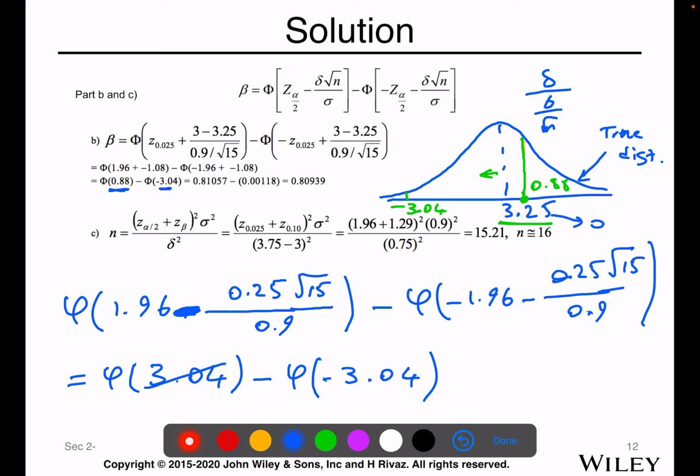Yeah, 0.88. Okay. And this one is still minus 3 point. I guess that one is correct because both of these are negative, right? So my mistake was that here it says negative, but here I put plus, right? So this is weird.